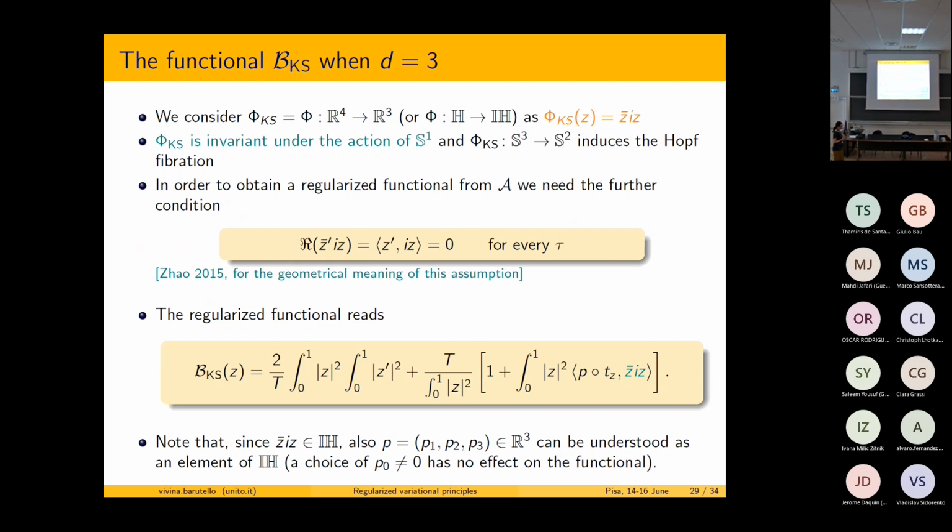So here you made an assumption. If you are interested in understanding the real geometric meaning of this assumption, I suggest referring to some papers, in particular this one of Lietzau, 2015. And in this case, you see that the functional is exactly the same as in the Levi-Civita situation, just with your phi map instead of Z squared.